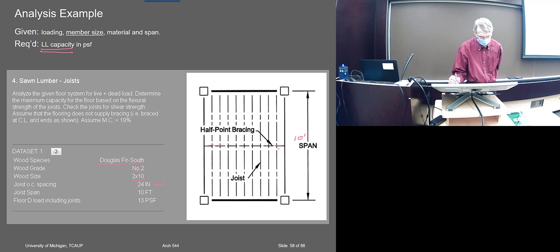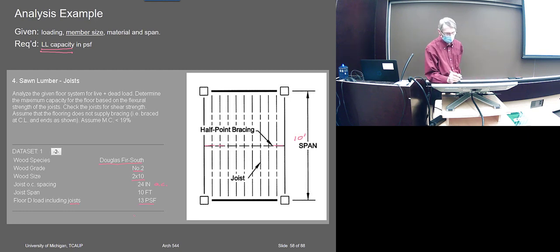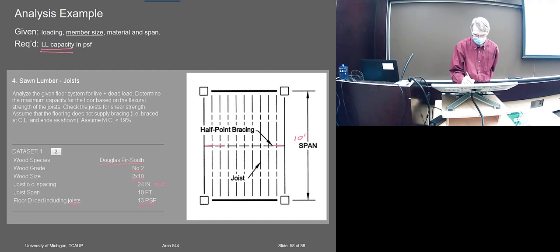So maybe we'll calculate CL finally with this, assuming we only have half point bracing and that somehow the floor is not bracing it. The dead load, which includes the joist, is given as 13. So if we take that as the given, then the question is, how much live load can it carry?